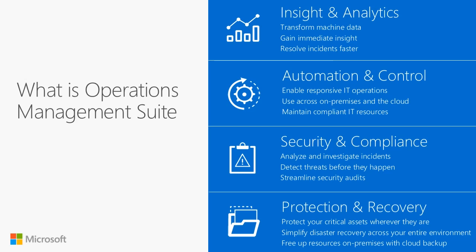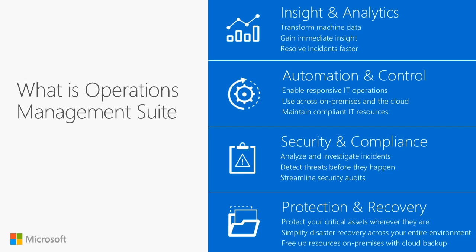So what do you get with OMS? Insight and analytics. Gain immediate insights across your workloads. Tap into operational intelligence when it matters to explore, analyze, and take action faster. Automation and control. Enable consistent control and compliance. Deliver continuous IT services and remediate issues quickly at scale. Security and compliance.